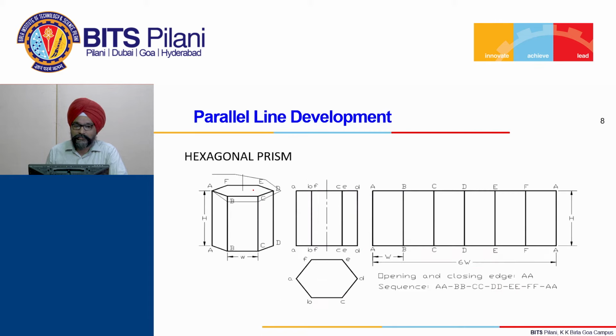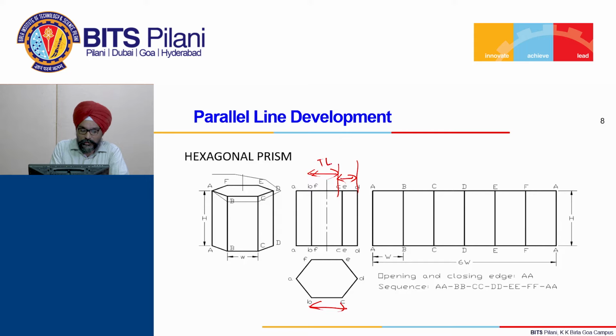Very simple, and if you have to develop the prism, what will be the length? Let us say you are given the base edge. That base edge is the real length, or true length, in the top view here. Note that this is the apparent length and this is the true length.